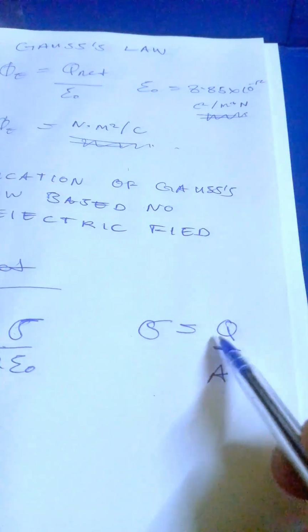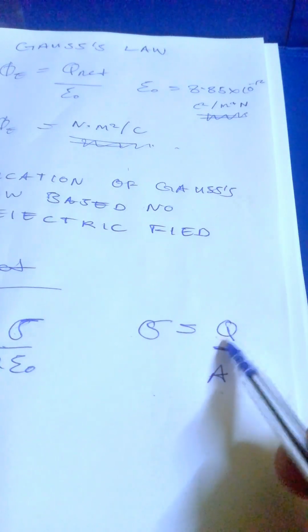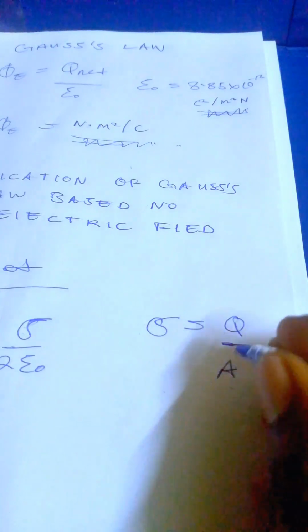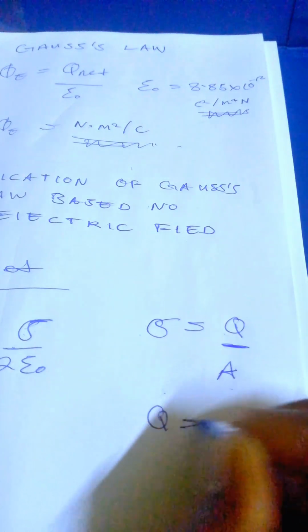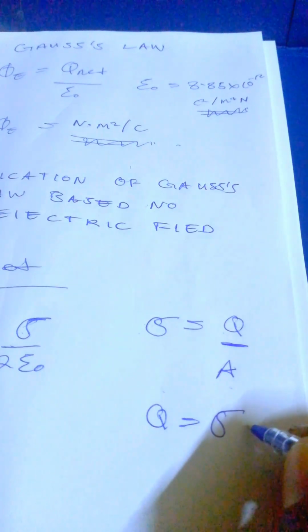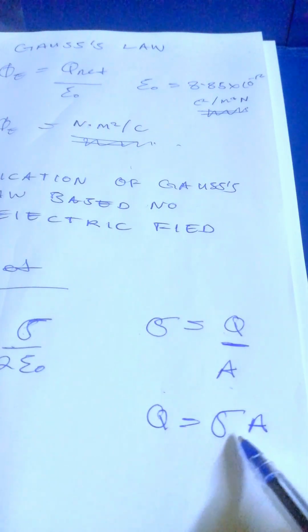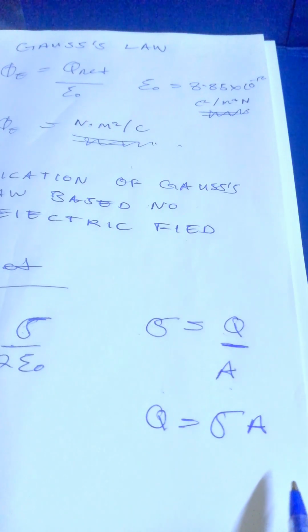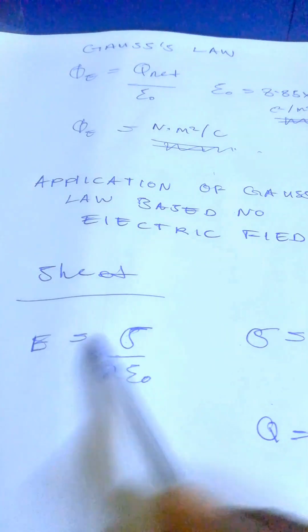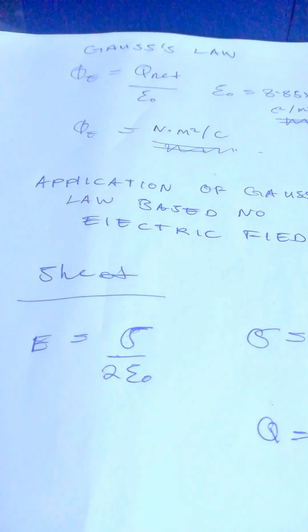and you can also find the total charge. This is the net charge, by making Q the subject, saying sigma multiplied by the area. So you can also find the total charge using this when you rearrange it like that. But basically, this is the formula for the electric field of a sheet.